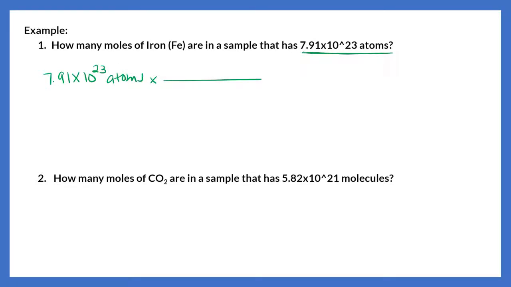And now since I'm going from atoms to moles, I want to end with moles, right? I'm going from atoms to moles. I'm going to divide by the number of atoms in a mole. So 6.02 times 10 to the 23rd atoms are in 1 mole.